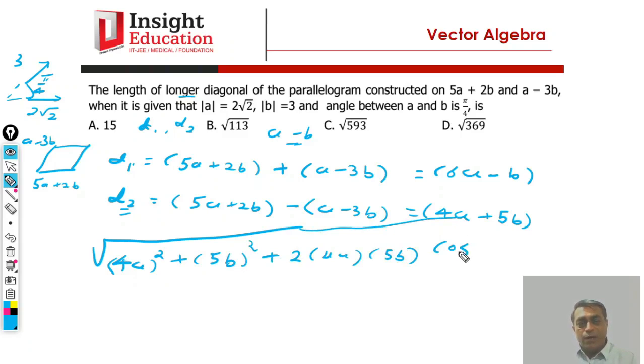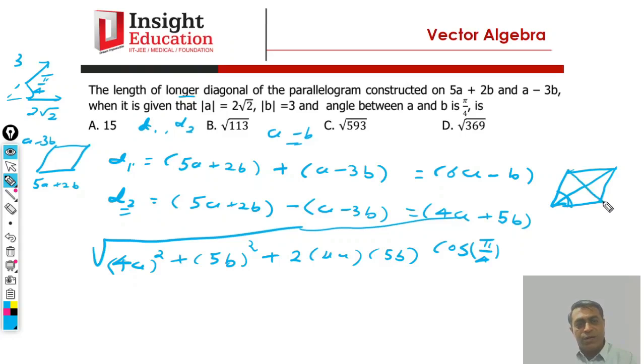Here the angle between a and b is given, pi by 4. Whenever we construct a parallelogram, for the longer diagonal we have to consider the angle between a and b.